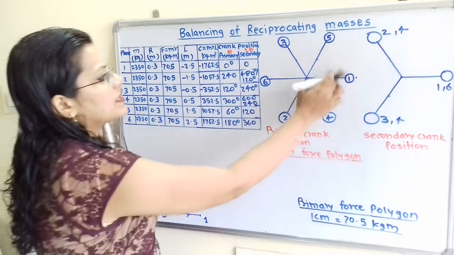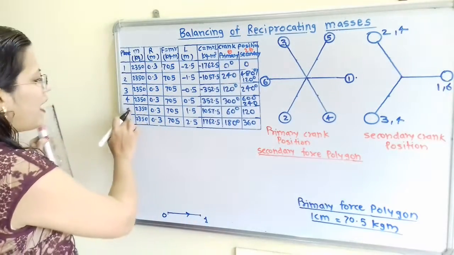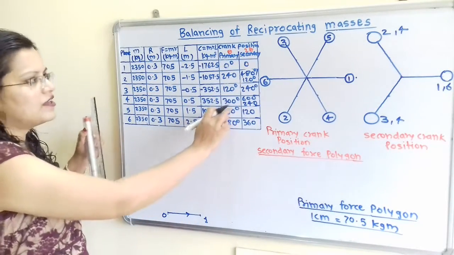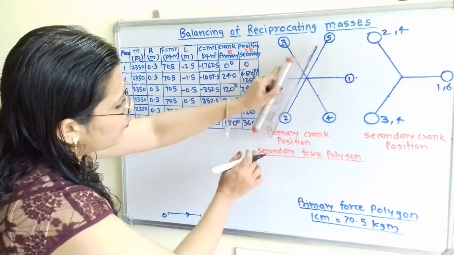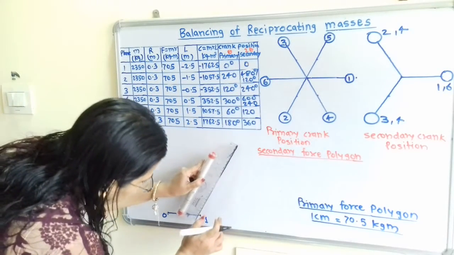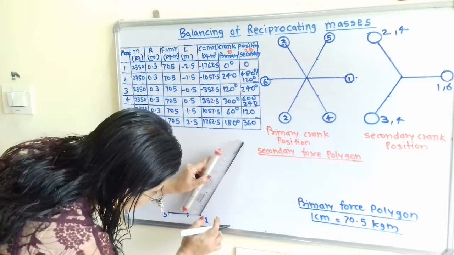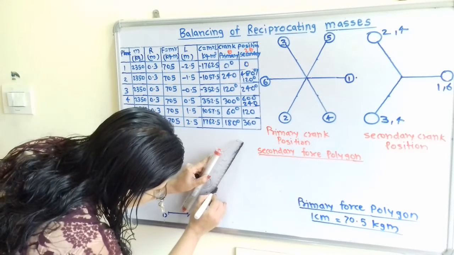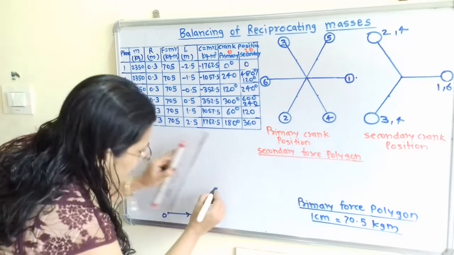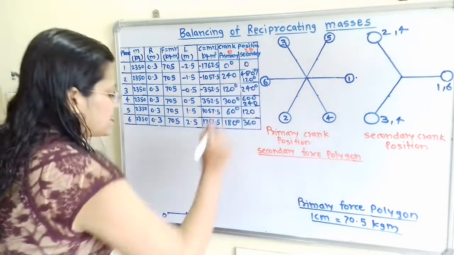Now after 1 there is number 5. This 5 is at 60 degree angle. So we will transfer the same angle with the help of a roller, and now we will transfer this 5. Now we have to draw one line with magnitude 10 centimeter, and here we give the next number 5.